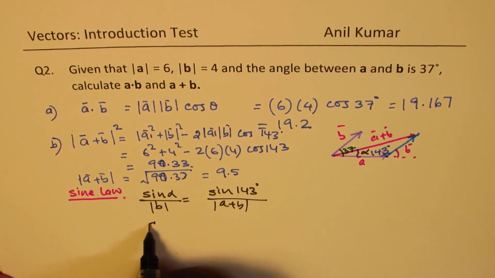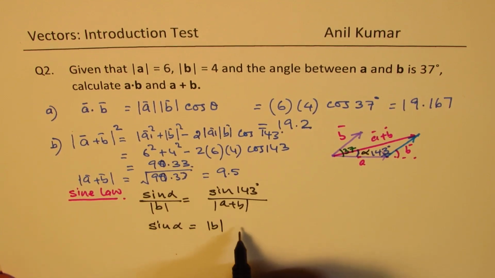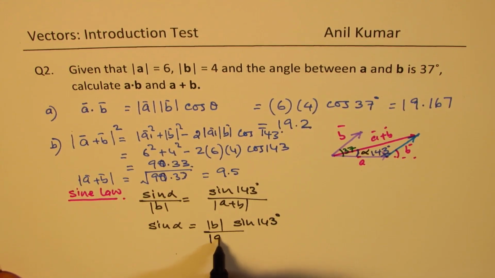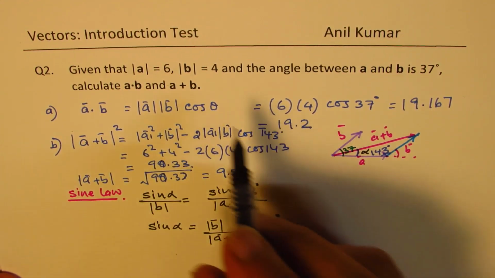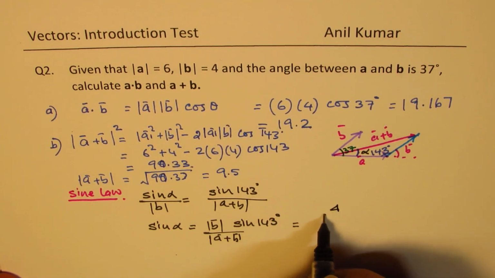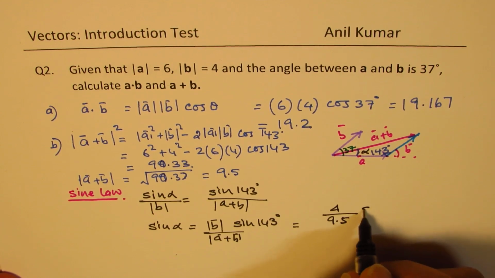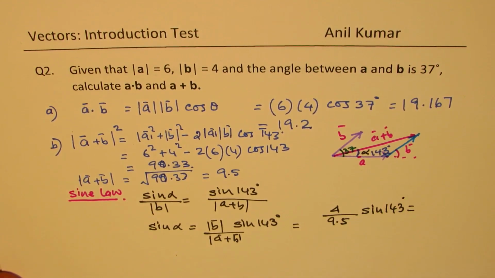So let's do it. So we get sine alpha equals the magnitude of B times sine of 143 degrees divided by the magnitude of A plus B. Clear? So the magnitude of B is given to us as 4, over 9.5 sine of 143 degrees. Let's calculate this.